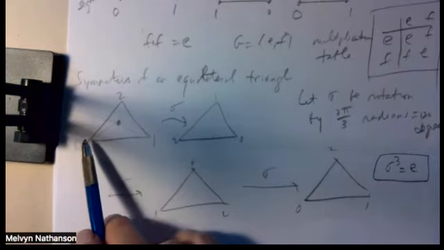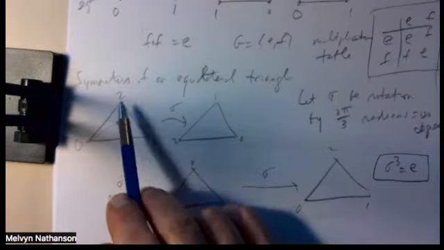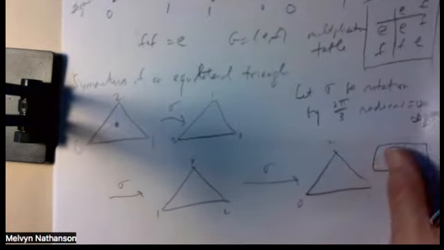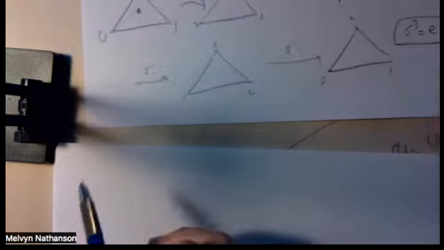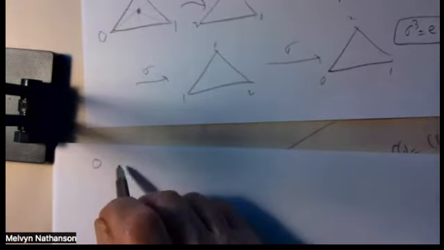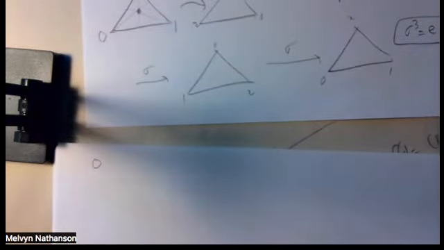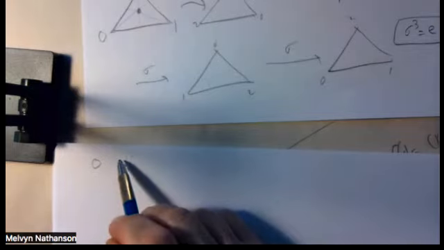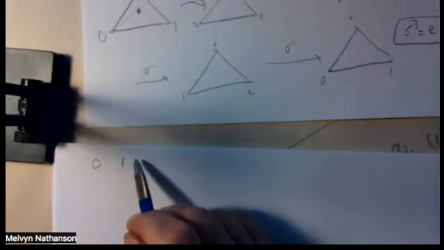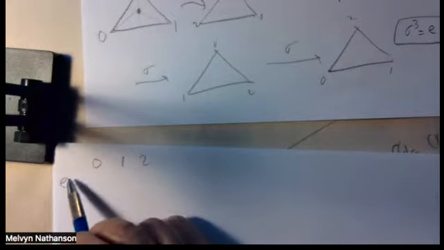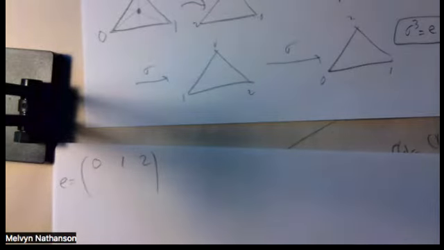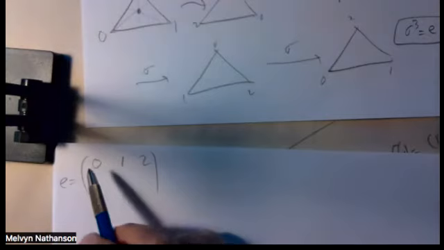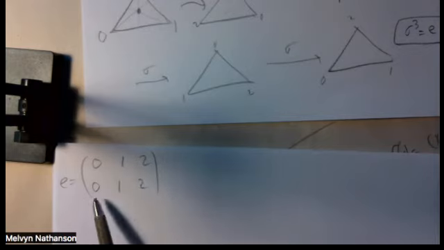So let's say this is position 0, position 1, and position 2. The identity doesn't change anything. So 0 stays at 0, 1 stays at 1, and 2 stays at 2. So this is the identity.